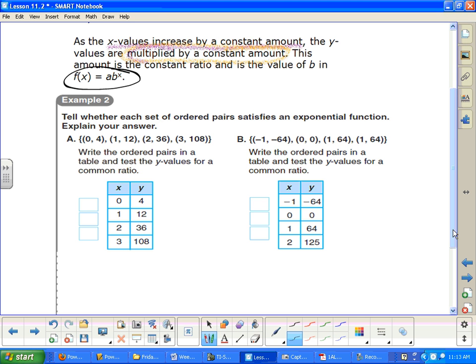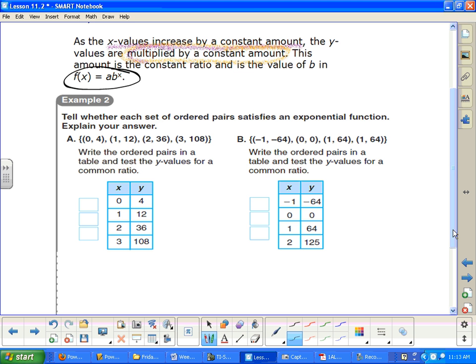Let me give you a chance to write this down. If they give us a set of ordered pairs like they do here in letters A and B, we want to write them in a little table. You don't have to, but a table will help you to be able to do the work you need to do. For most of them, most of you are going to figure it out right away. Some of you will have to do a little bit more work.